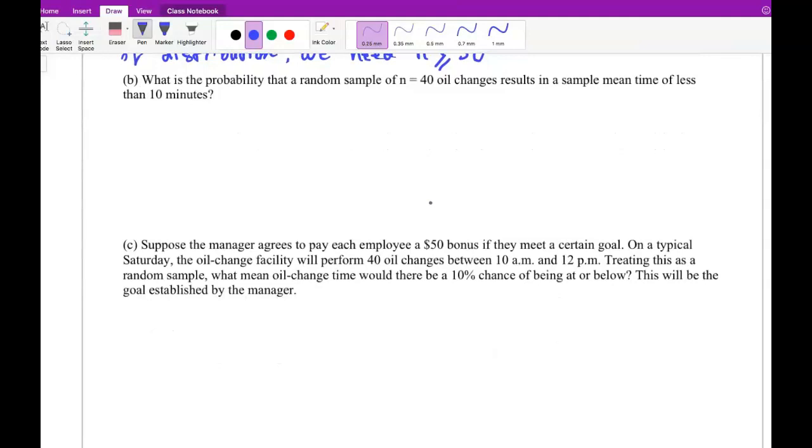Okay, now part B, what is the probability that a random sample of n equal to 40, so the sample size is 40, results in a sample mean time of less than 10 minutes. So we are finding the probability when x bar is less than 10.